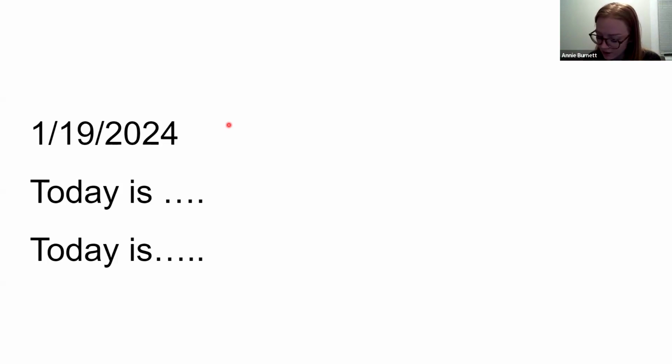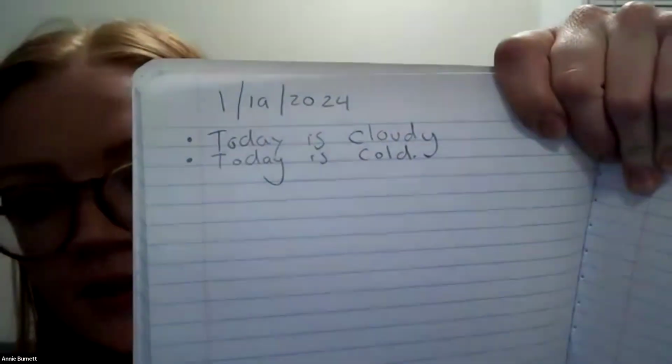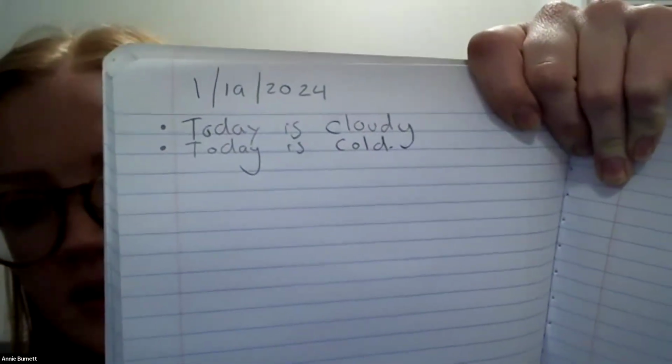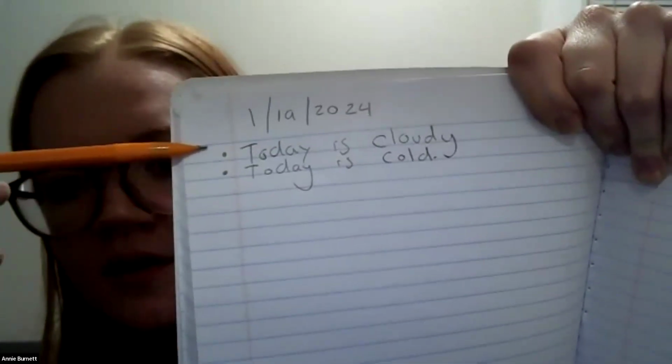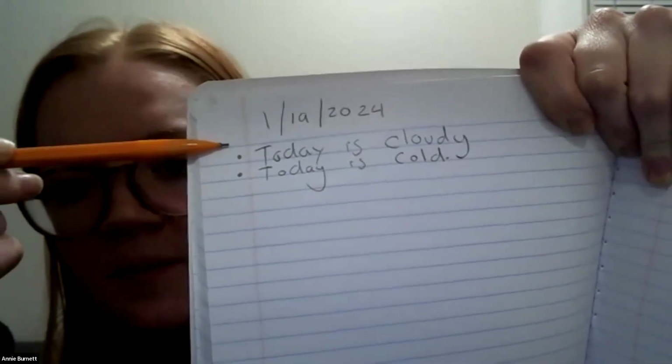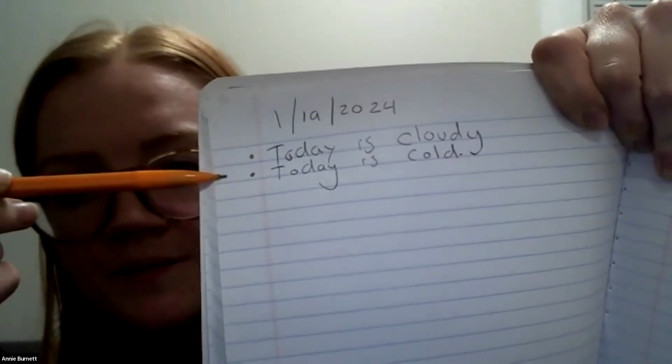January 19, 2024. So your notebook should look like this. 1/19/2024. Today is cloudy. Today is cold.